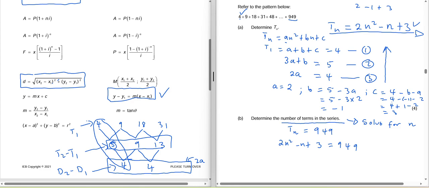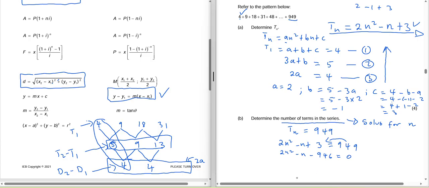Now what we are going to do, we are going to say 2n squared minus n, and then if we throw this to this side, we say 3 minus 949, you get minus 946 equals 0. That is what you can get there, right?